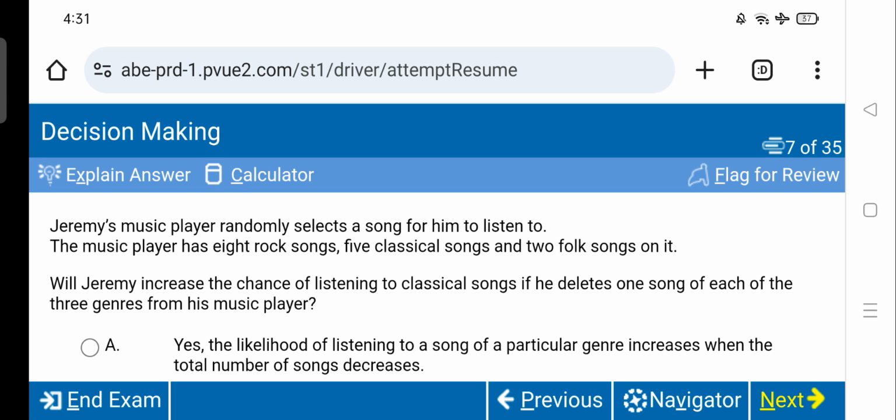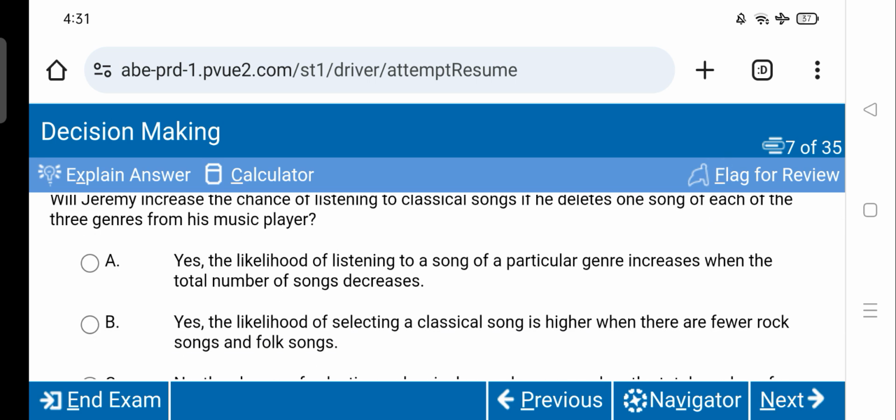Will Jeremy increase the chance of listening to classical songs if he deletes one song of each of the 3 genres from his music player?